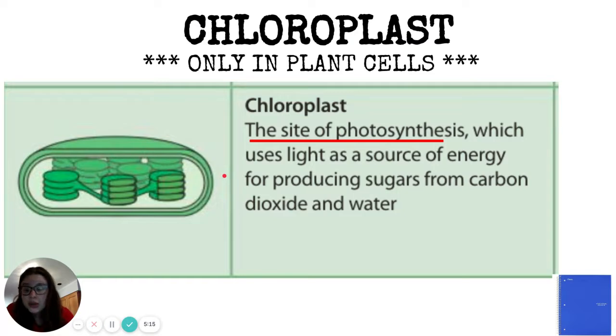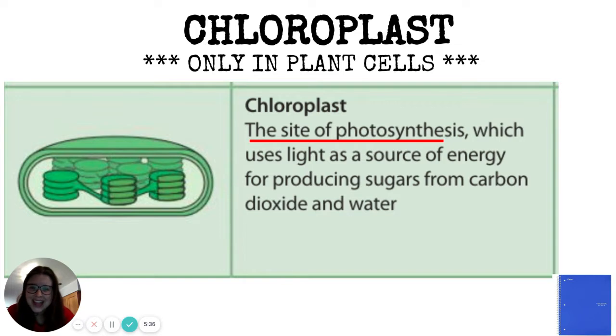The next structure we're going to talk about is, again, only found in plant cells. This is one you might want to practice saying. It's pronounced chloroplast. Chloroplast. The chloroplast is the site of photosynthesis. This is how plants get energy.